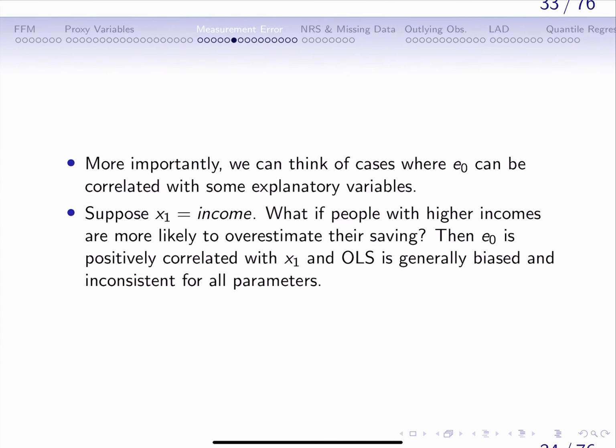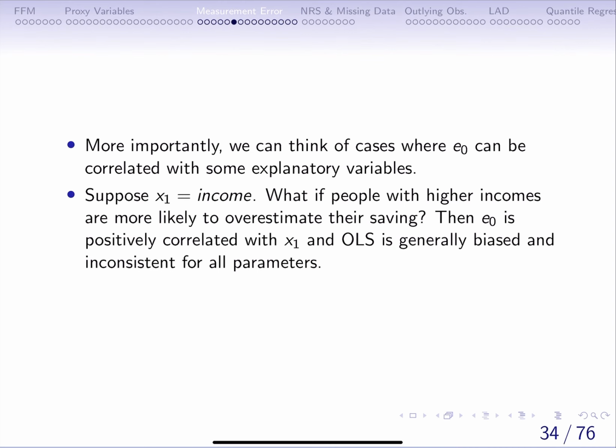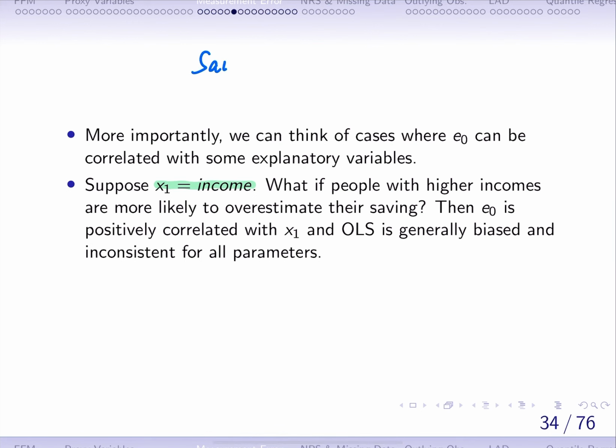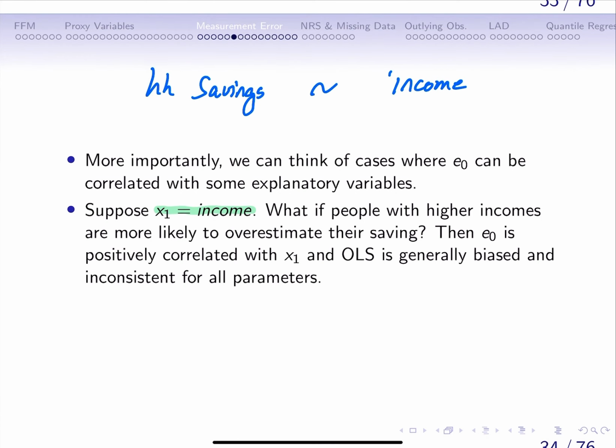Now, if x1 is income, one of the variables that affect household savings, and we are saying that the savings depend on income, then you want to think about questions like, what if people with higher incomes are more likely to overestimate their saving?